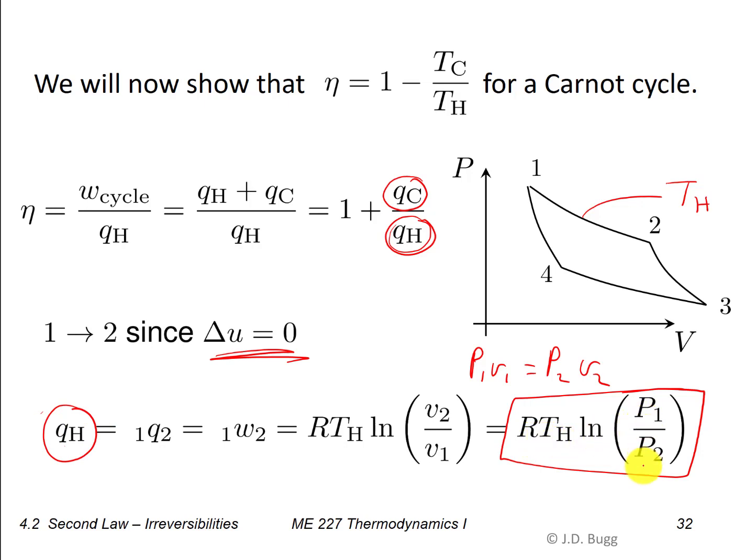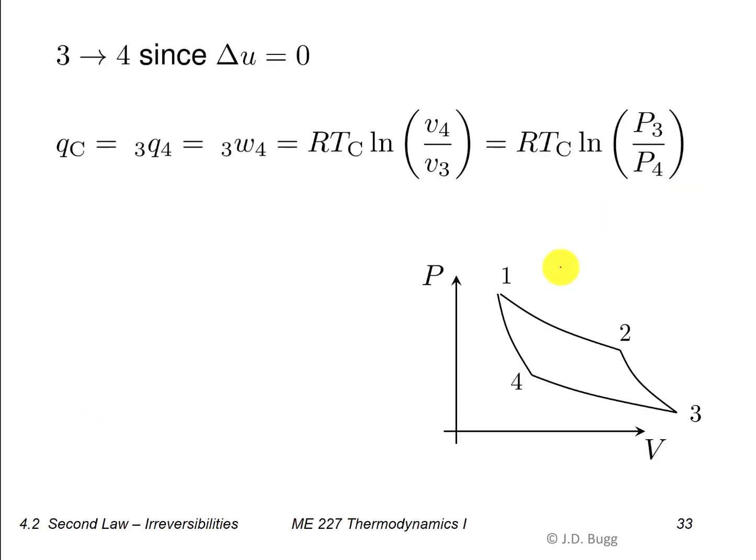Now we can do exactly the same thing as we've just done here for this process from 3 to 4, because it is also a constant temperature process. So when we do that, delta U again is 0. The heat transfer to the cold reservoir is Q3 to 4. Remember, heat is being transferred from the hot reservoir here. No heat transfer there. No heat transfer there.